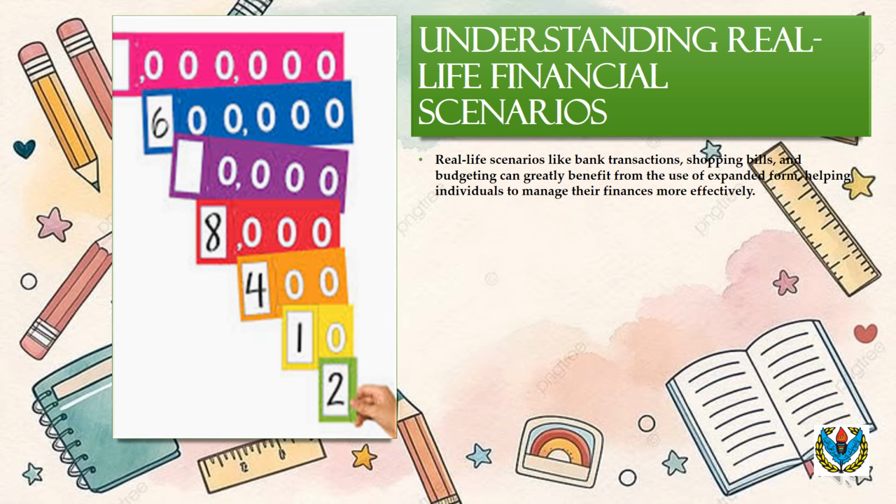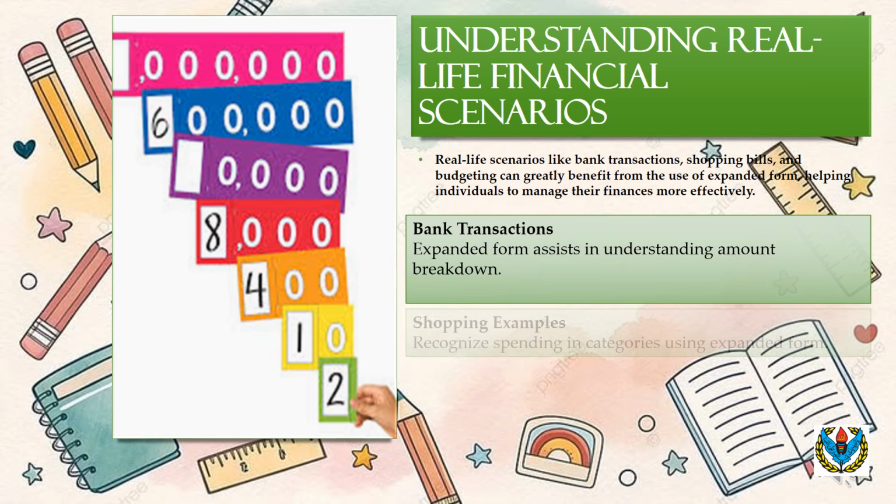So question arises, why a third grader needs this? A third grader needs this because of real life money, bank transactions, and shopping bills. It's not easy to understand big complex numbers. So when you break down the bills, it helps you know what exactly you are spending.